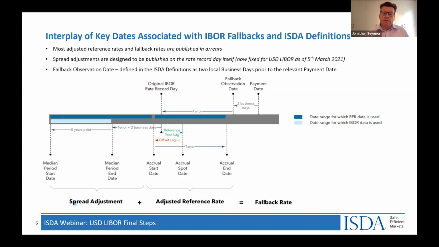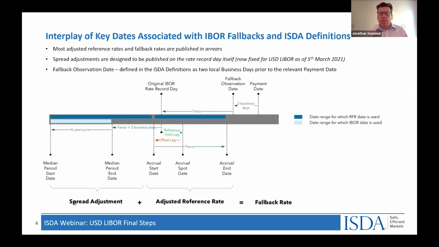Now, looking on the right-hand side of this graphic, you see the terms, the fallback observation date and the payment date. So this is the time when you look for the fallback rate that you require, in a sense, 2 business days prior to your payment date.